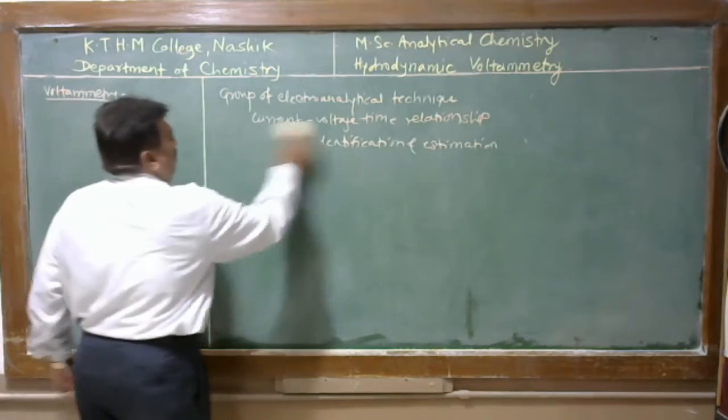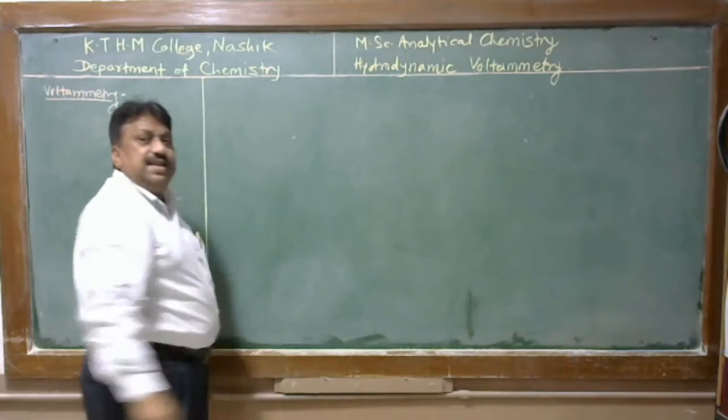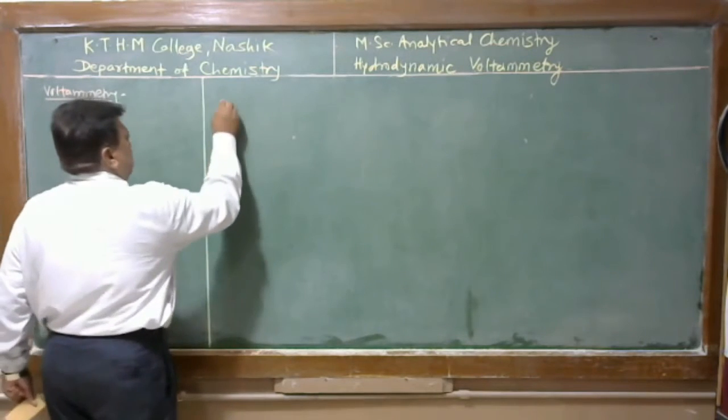We know that in voltammetry, the analyte solution is made a part of an electrolysis cell or electrochemical cell.